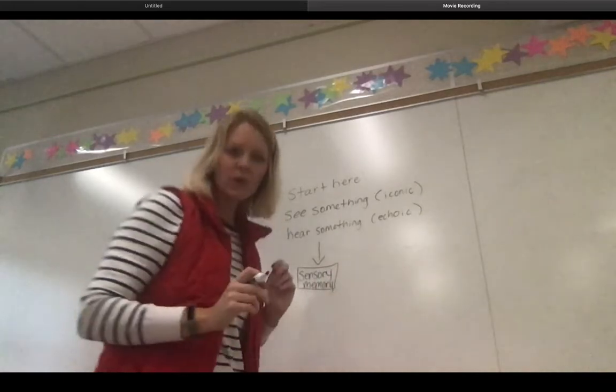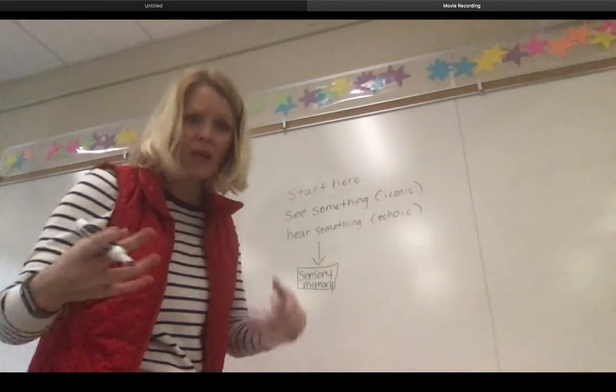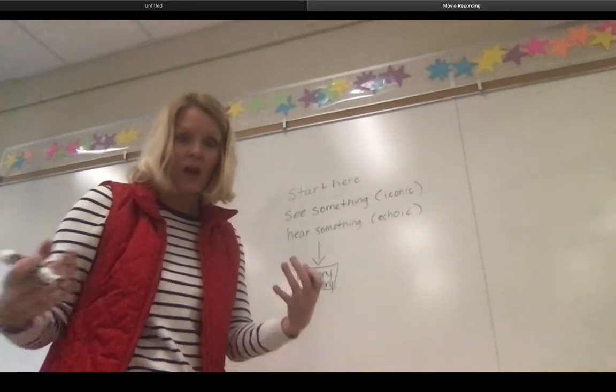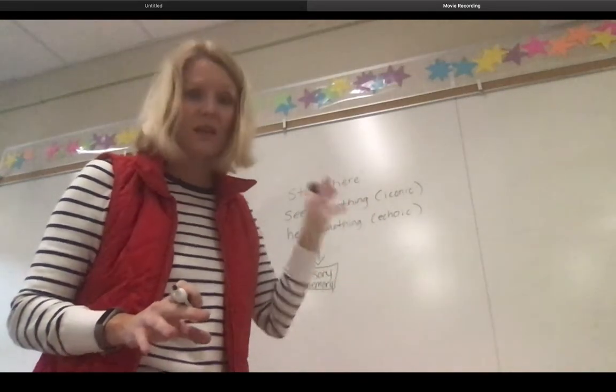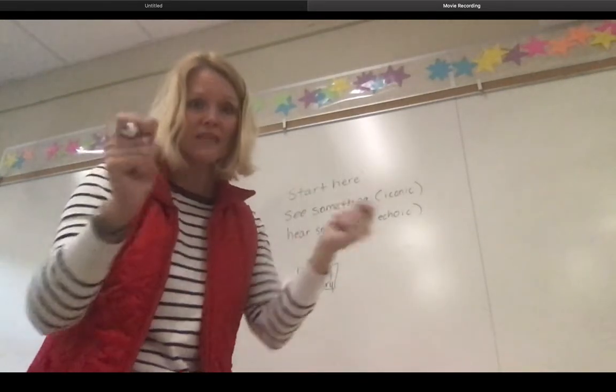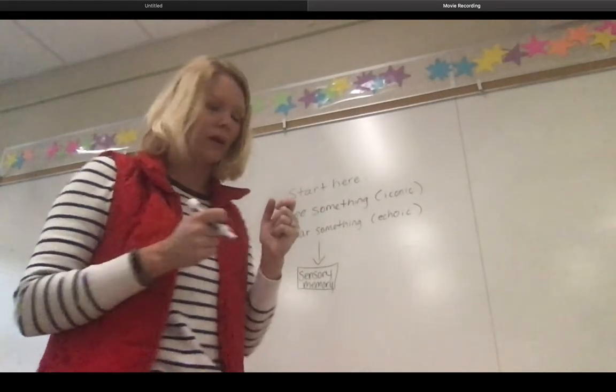And sensory memory is really, really short. It's very, very brief. Remember, think about the sensations that we have. There's other types of memory besides iconic and echoic. For our purposes, these are the most important. So it's just that real brief, you see something, you hear something, it's gonna be real quick, okay?